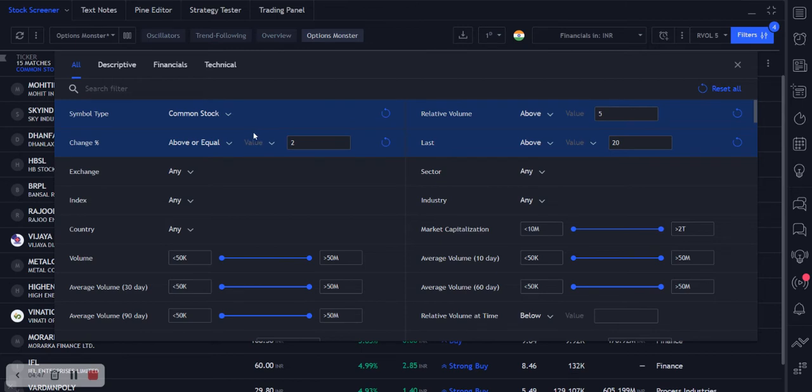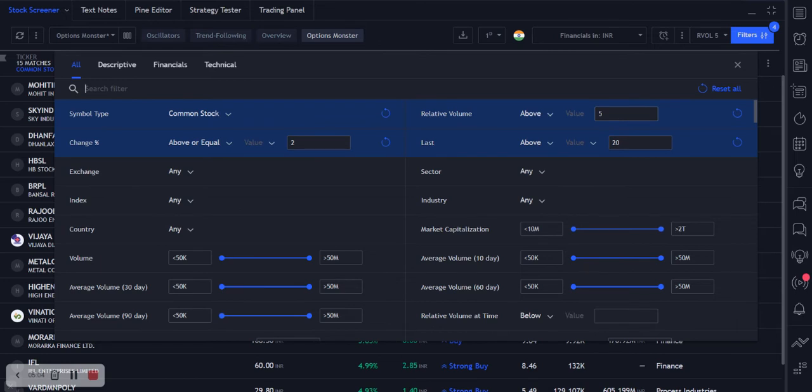And I'm using a couple of other filters here. I'm filtering for a breakout of more than 2%, which could be 5%, 10%, 20%, whatever.